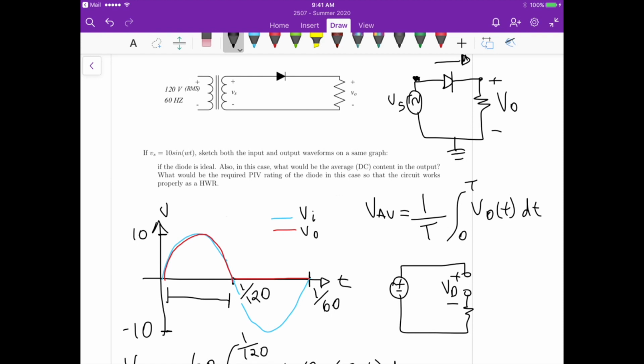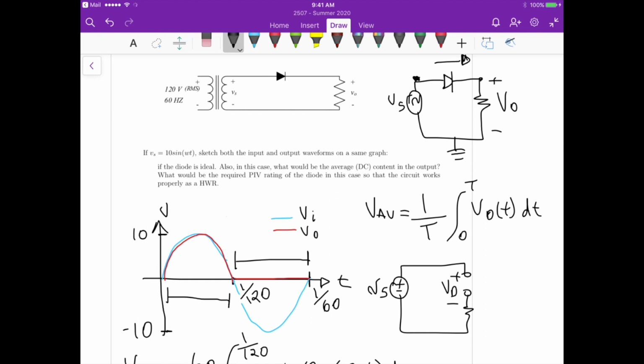So it has to support this voltage. It can't blow up if the voltage VD reaches some specific point, when it is an open circuit during this period of time.